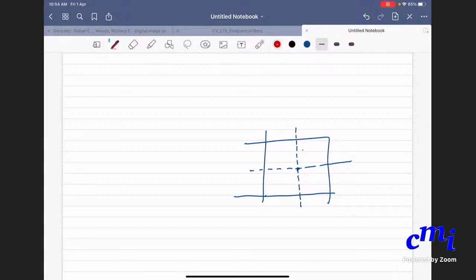Now the idea of band reject filters or band pass filters is that suppose you want certain frequencies in this region to pass. Then you will block the frequencies here and block the frequencies outside this region. Then with this filter only the frequencies appearing in this band will be able to pass. So that's a band pass filter.